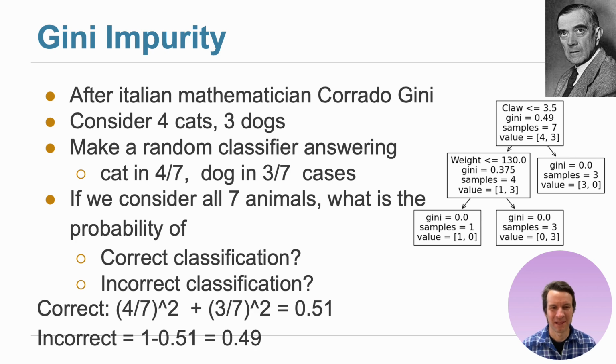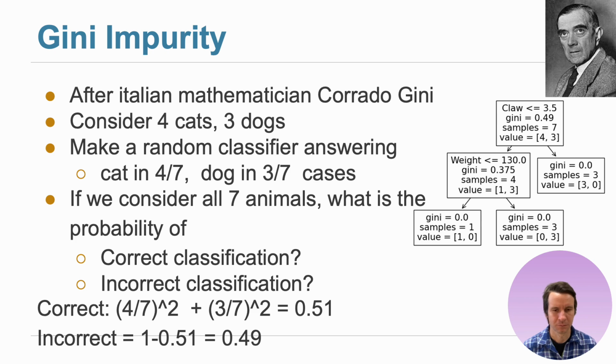So I am making this classifier that is fairly straightforward: you ask me, is it a cat or dog? And with chance 4 over 7 I say cat, and with chance 3 over 7 I say dog. I didn't look at any features of the data other than how many entries are there. So this is a random classifier.